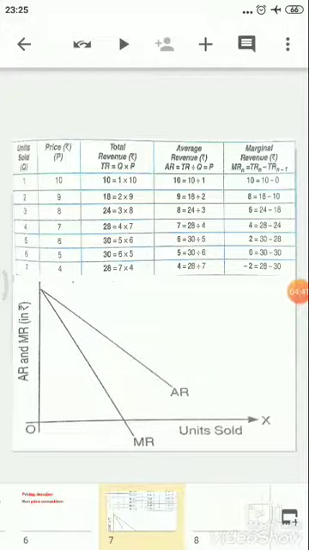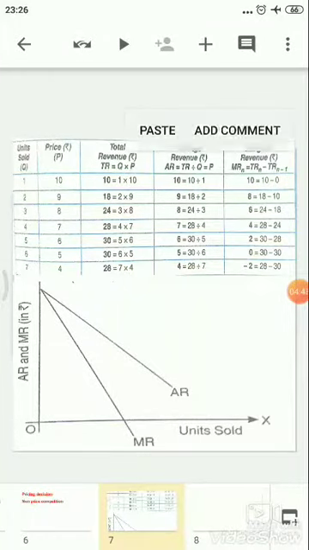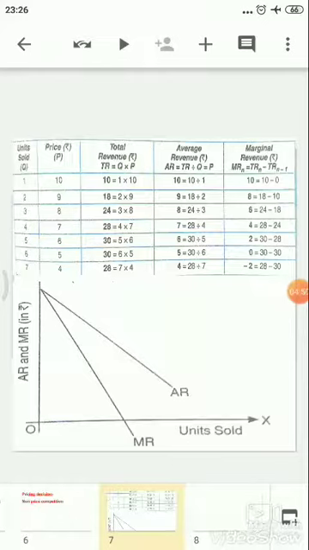The reason being, TR is a positive value, and the positive value will never have, average will never be 0 or negative. So AR always will be positive. But marginal revenue can of course fall. So it falls and it becomes 0 and then it becomes negative.